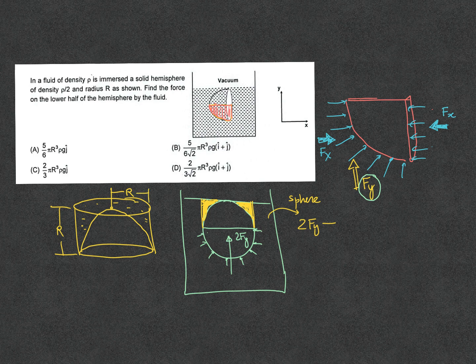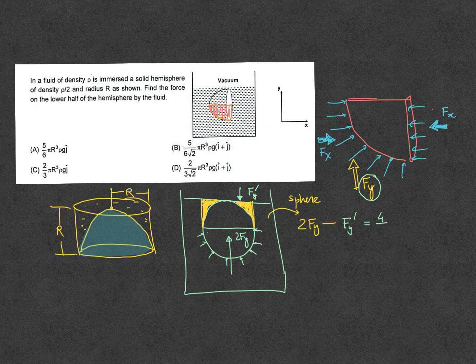From this cylinder you have to subtract this much volume, right? So we can calculate the force from the top, say write it Fy prime. So 2Fy minus Fy prime is equal to the buoyant force on the sphere.